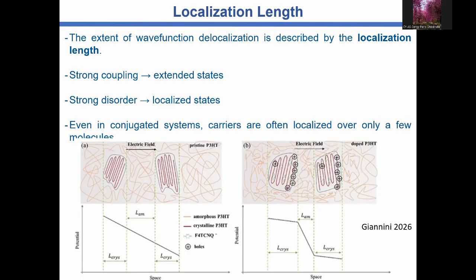But when they have a more continuous morphology here, they also have carriers that can be localized within this length. So in terms of length, in the amorphous region the length will be lower than in this region. And you can also increase the localization length, which means that you increase the delocalization of the wave function.